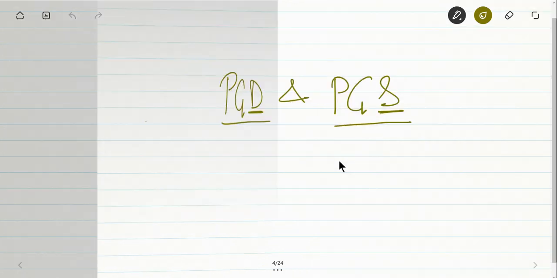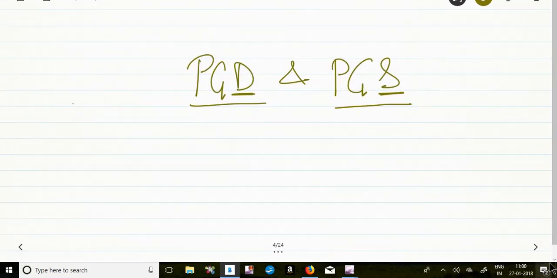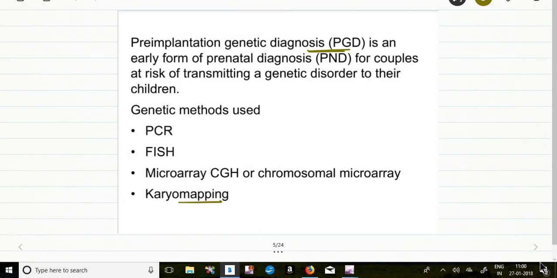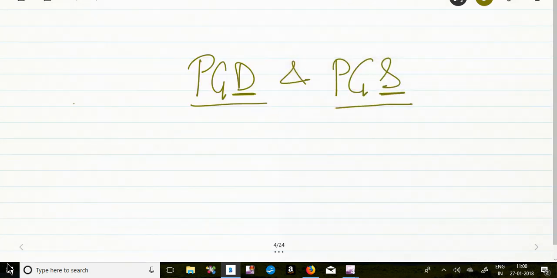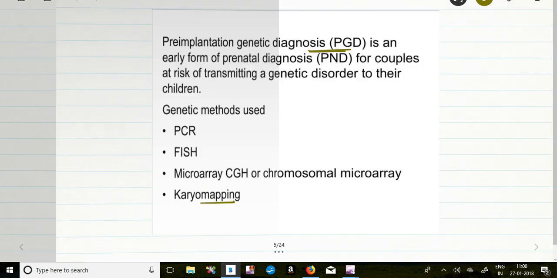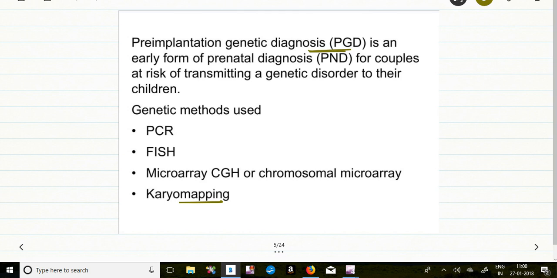An important aspect of this is that you don't have to wait for conception to take place, and you don't have to abort a baby which is already implanted. You can do it before implantation. The couple doesn't have to go through conception and then abortion.